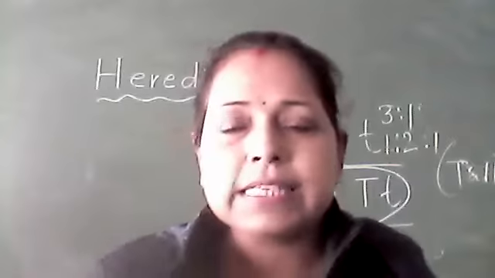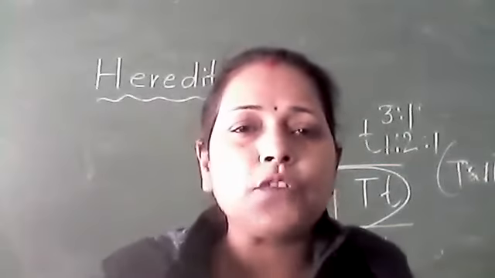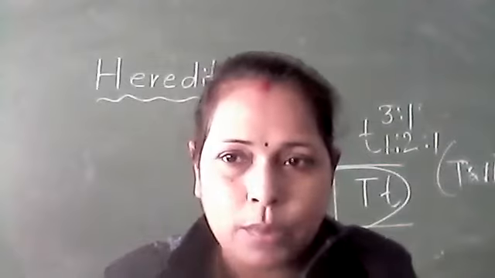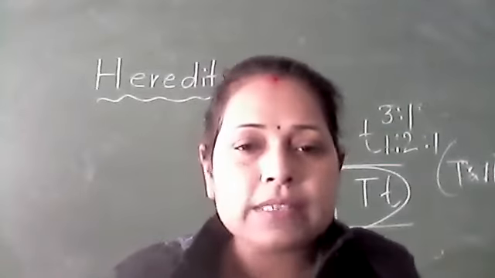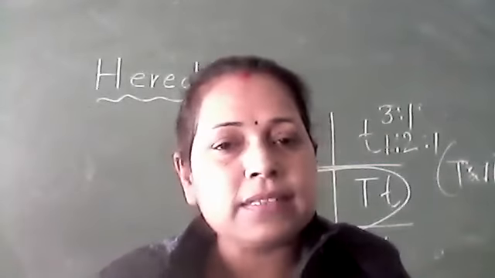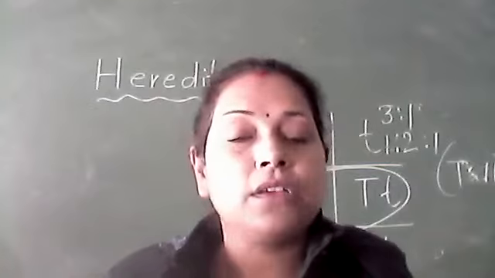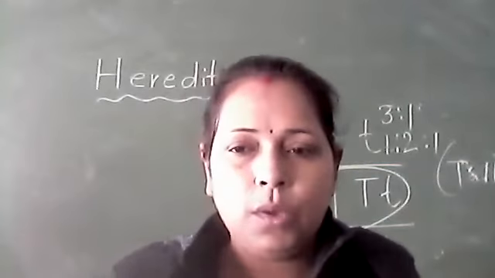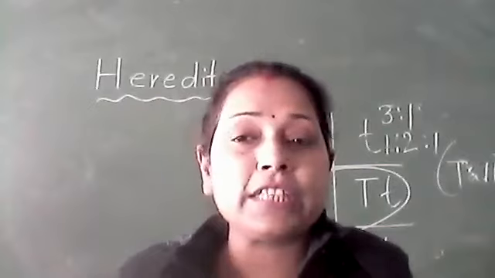See, though the characters of tallness and shortness were present in the first generation, the tallness character was dominant. The recessive character, shortness, was also present, but hidden. In the next generation it comes out.